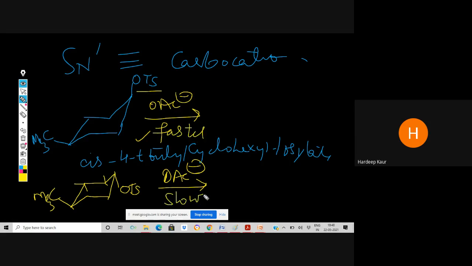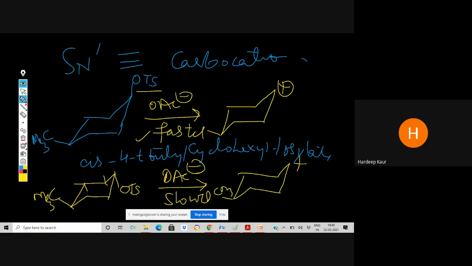It is slower, and both of them lead to the formation of carbocation. So दोनों केस में carbocation same बनती है, पर trans वाले केस में it is slow, whereas in cis one it is faster.